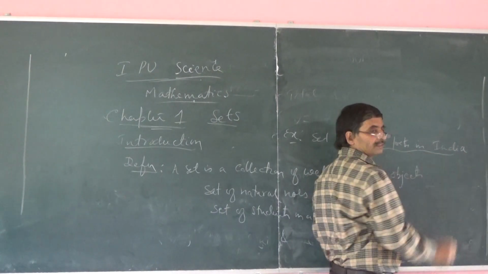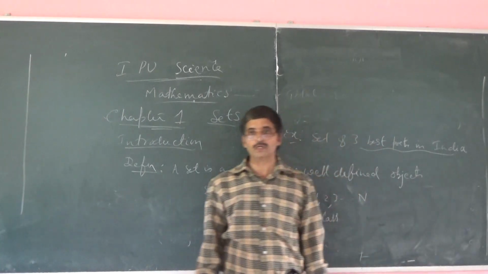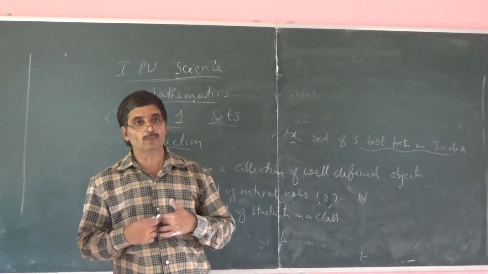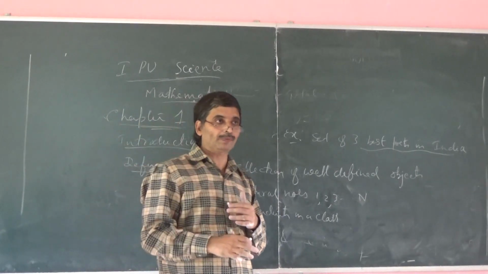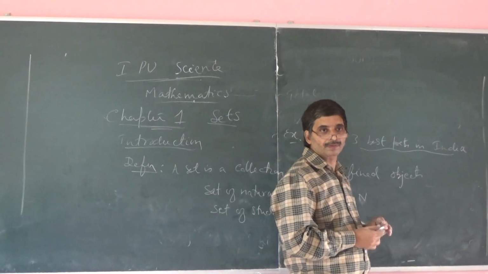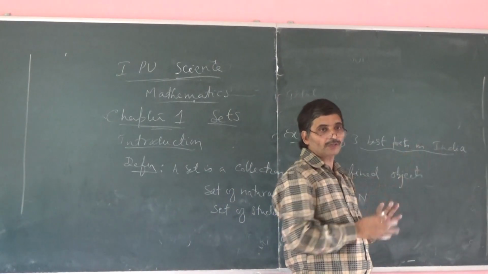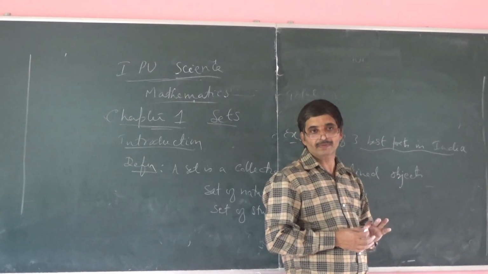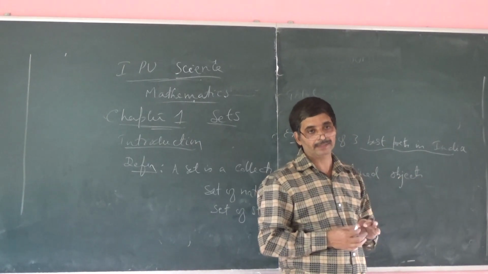Can you tell? It is not possible. Why is it not possible? I may have some opinion, you may have some opinion about the 3 best poets. Somebody else may have a different opinion. So it is not well defined.